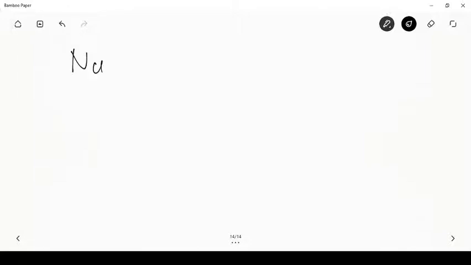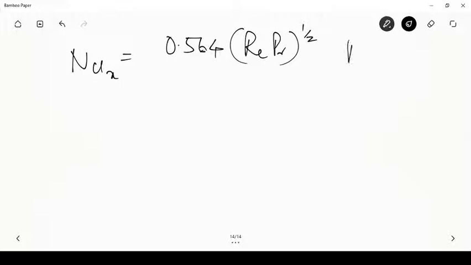Nu at any x is equal to, for Prandtl number much less than 1, you get (Re Pr) to the power half, so you get 0.564 into (Re Pr) whole thing raised to half for Prandtl number less than around 0.5.